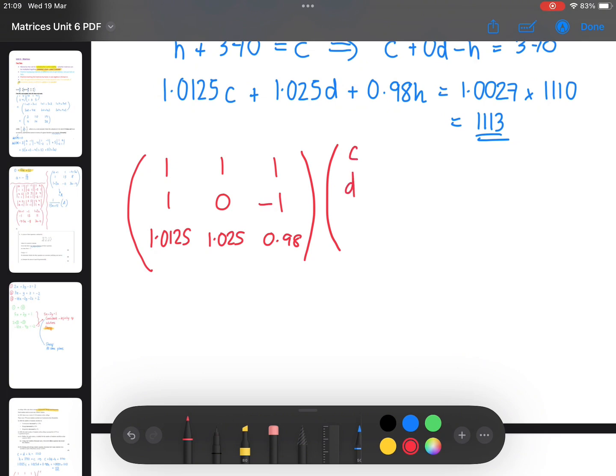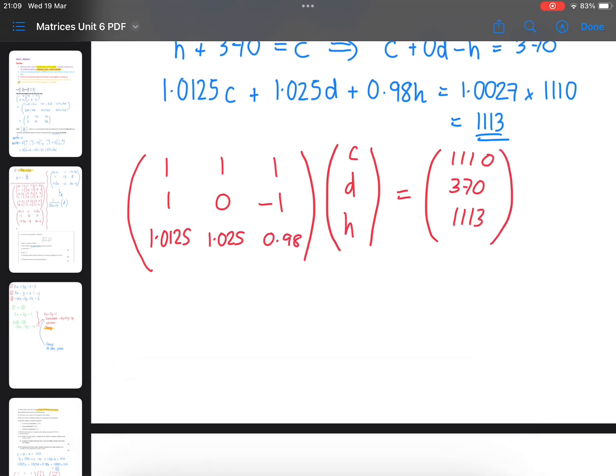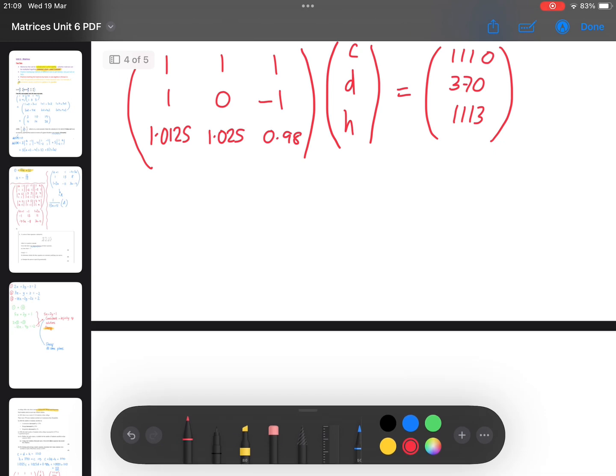Multiplying that by C, D, H will give us the coefficients, so 1,110, 370, and 1113. Then we use the idea that if you multiply any matrix A by its inverse, we get the identity matrix.